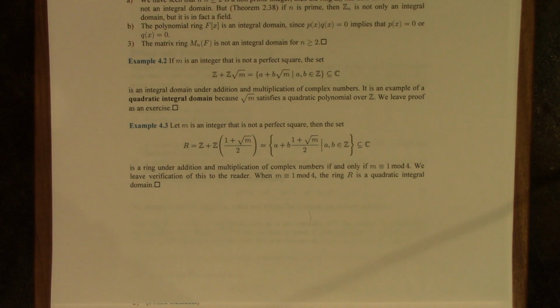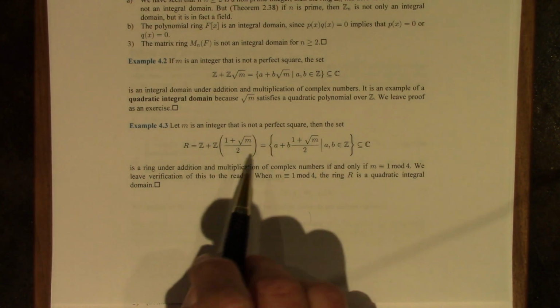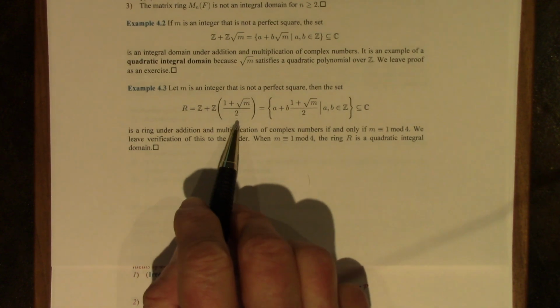It's an example of what we call a quadratic integral domain because square root of m satisfies a quadratic polynomial over the integers. I think it's also called a quadratic domain, and I'm going to leave verification of this to you. Here's another quadratic domain.